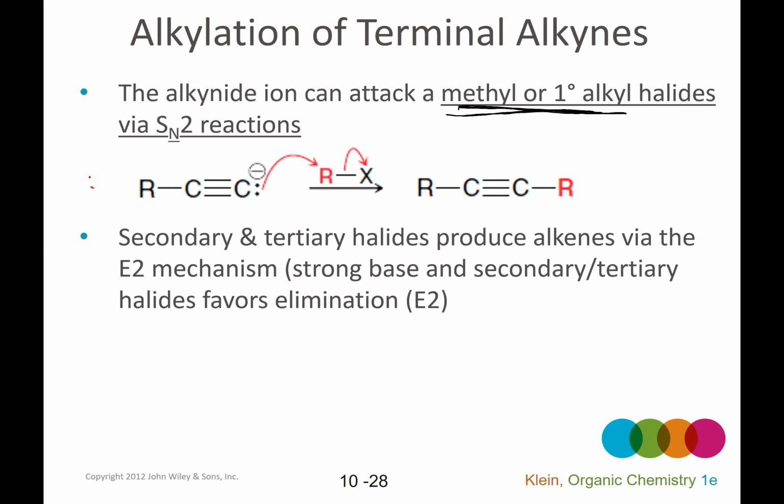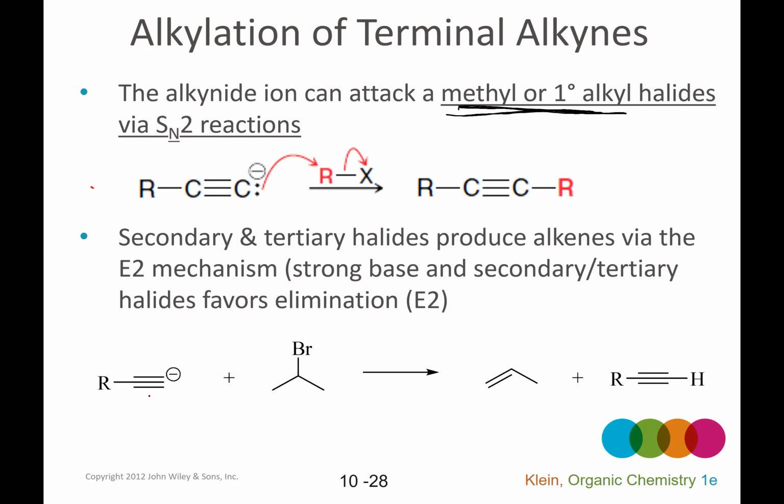What happens if the halide is secondary or tertiary? Well, remember we've talked about this. It's in the tables I posted and in the textbook. With strong bases, secondary and tertiary halides don't undergo substitution. They undergo elimination to form alkenes via an E2 reaction. And that's shown here.